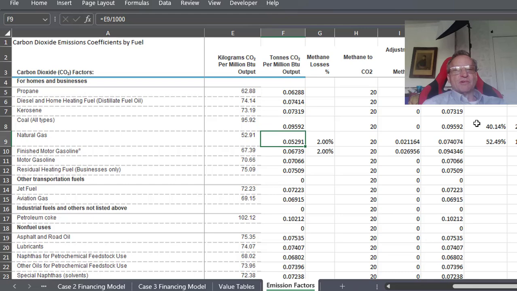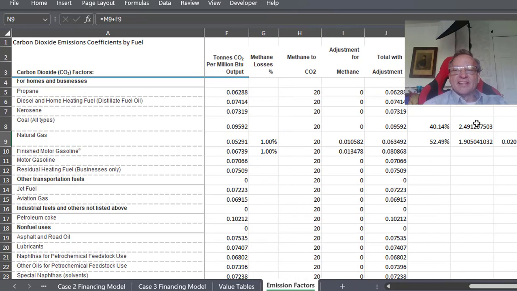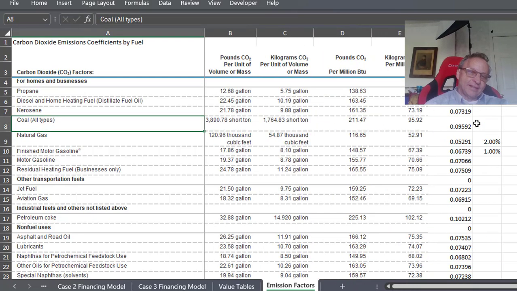But then the big issue in the world, and I think it is a gigantic issue, is how many methane losses you have. If you have 1% losses, then you have to go through a little bit more. And at the end of the day, here is the coal and here is the natural gas. If you put 2%, then you get, oh my gosh, this is 0.093, and you get almost the same adder for coal and natural gas.